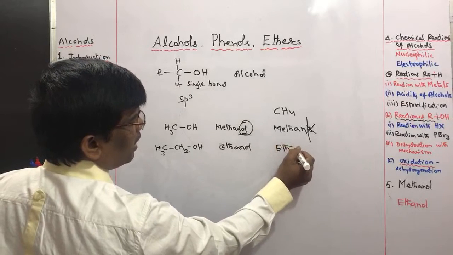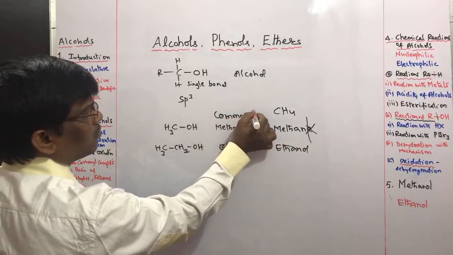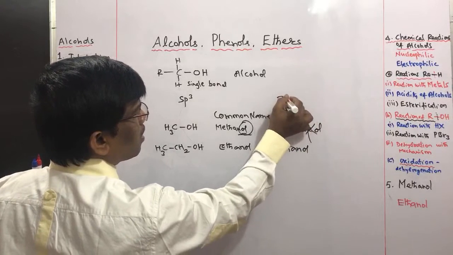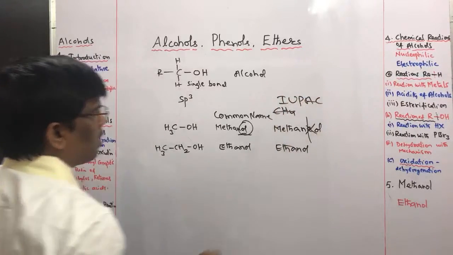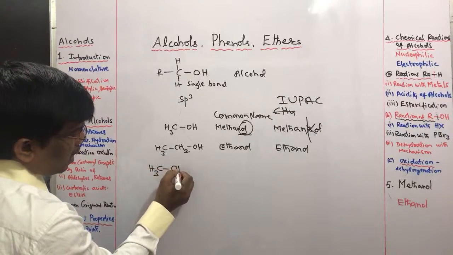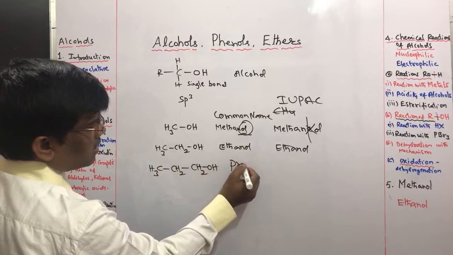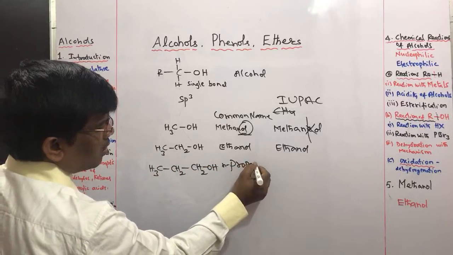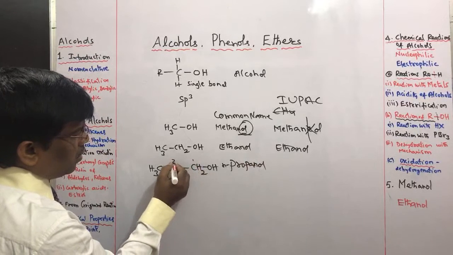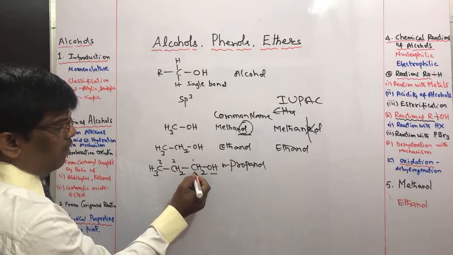The IUPAC nomenclature is the same for ethanol. This is the common name, and this is the IUPAC name. When it comes to propanol, CH3CH2CH2OH, the common name is n-propanol, whereas for the IUPAC name, give the numbering from the carbon of the alcohol group: 1, 2, 3.